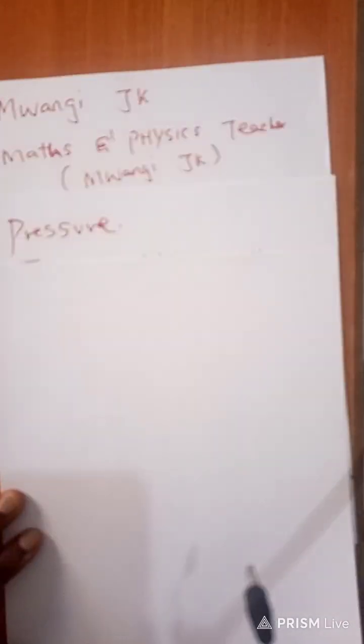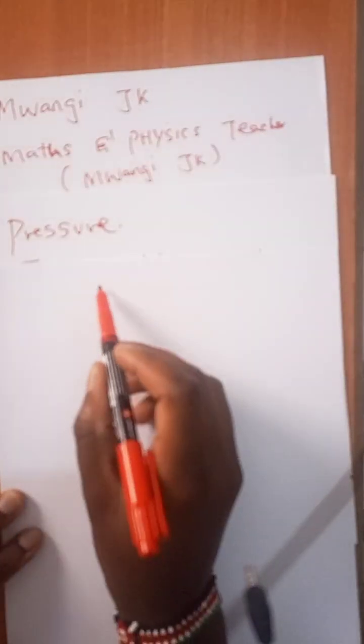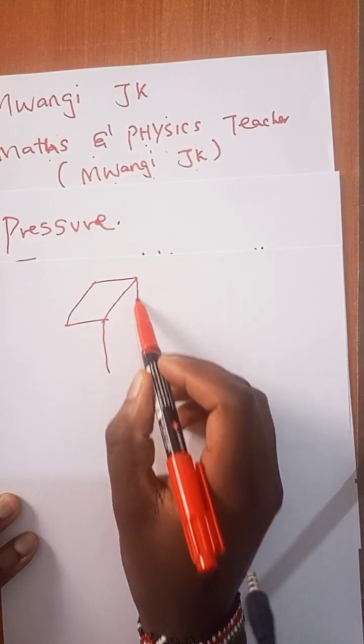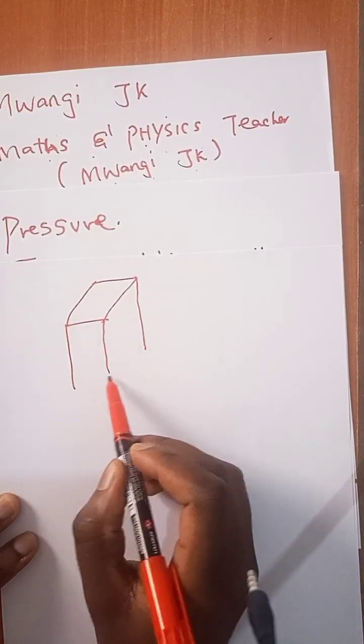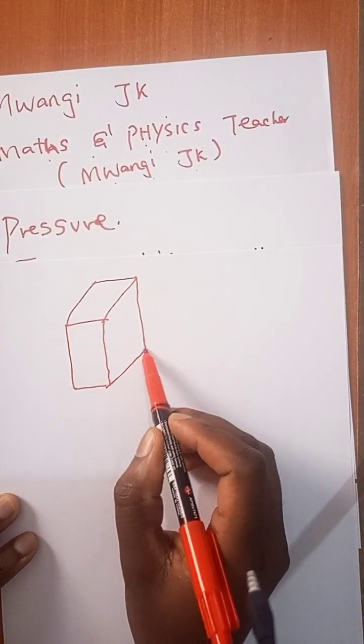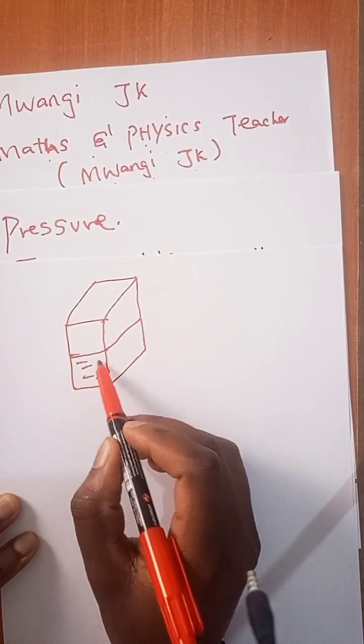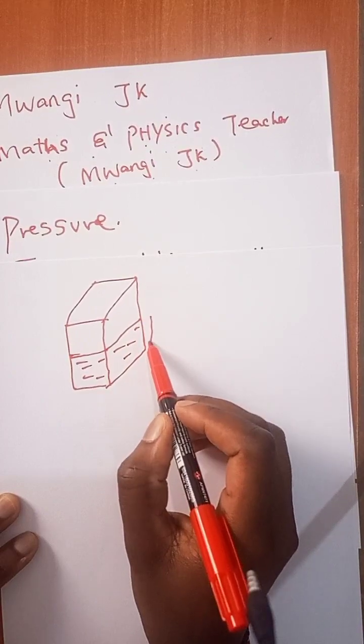We consider a cube or a solid container into which we put water up to a certain level, which we'll call h.